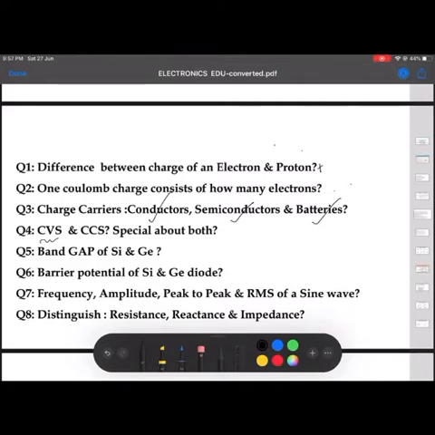Now let me talk about what CVS and CCS are. This represents a constant voltage source, which is nothing but a battery having some internal resistance which has to be very low, and a constant current source has this symbol, which provides constant current and is supposed to have internal resistance which is very high.